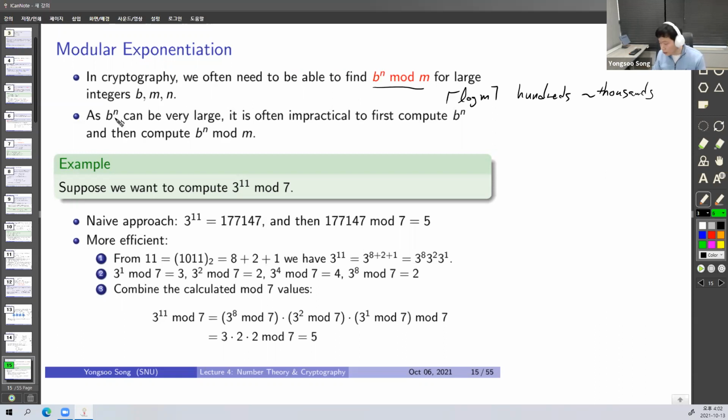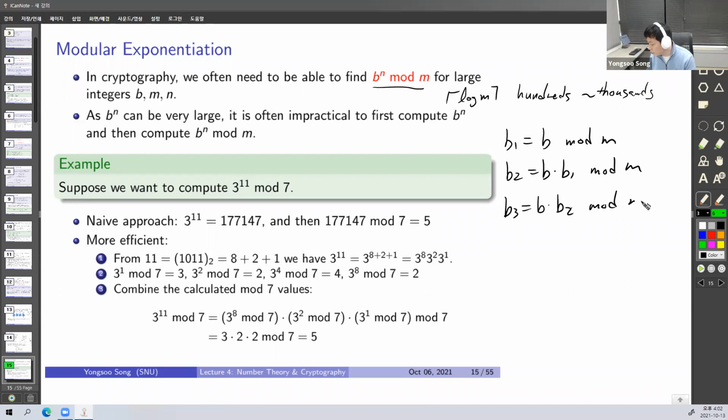Of course, the very naive method is just to multiply b one by one. First we have b1, which is b modulo m. b2 is b times b1 modulo m. b3 is b times b2 modulo m. Repeat until we obtain bn.